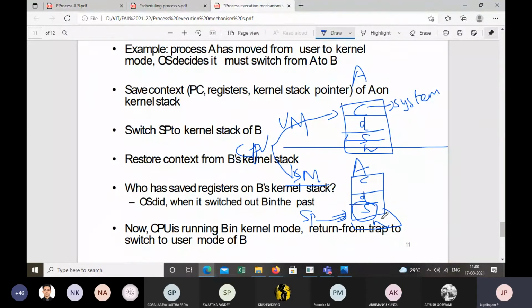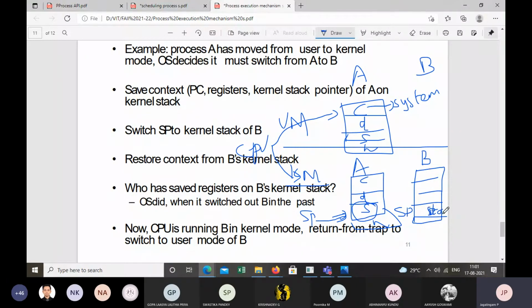Now the operating system wants to switch to process B. After execution of the system call code, the operating system doesn't want to go back to the user mode of process A. The operating system decided to switch to process B. So the stack pointer will point to the stack of process B.